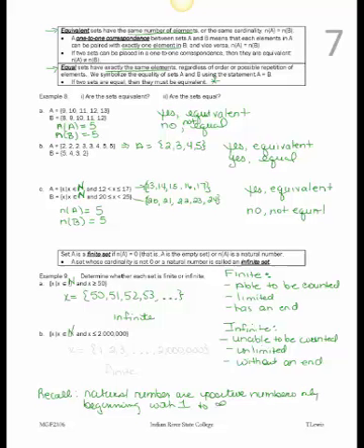So when we write our roster method out, it begins with 1, 2, 3, all the way to 2 million. So is this a continuous set, or does this set end? Well, this set does end. You're able to count it. It's limited. It has an end. It ends at 2 million. Therefore, we would call this a finite set.